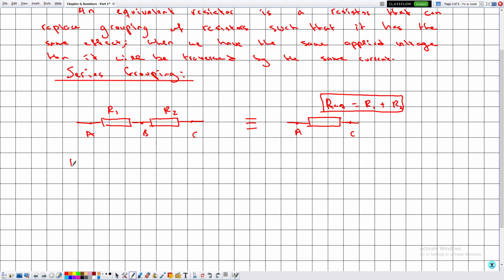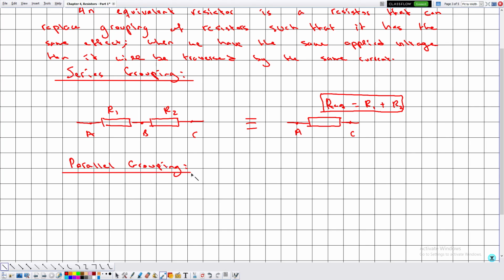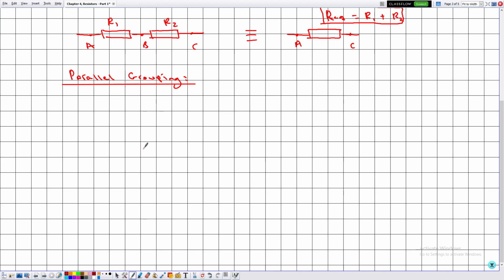Now in the case of parallel grouping, suppose here we have 2 resistors that are in parallel. So why are these 2 resistors in parallel?